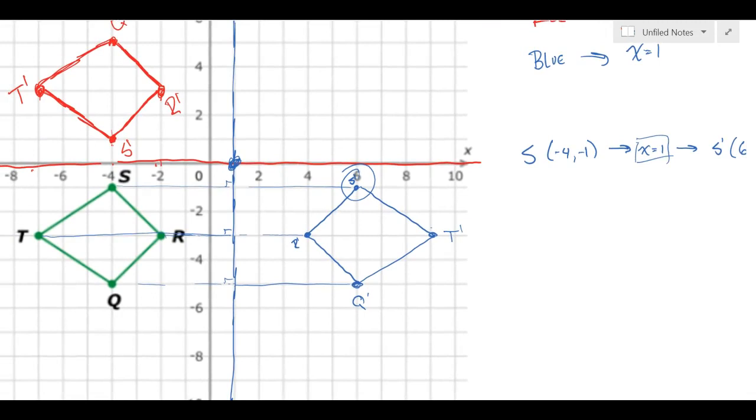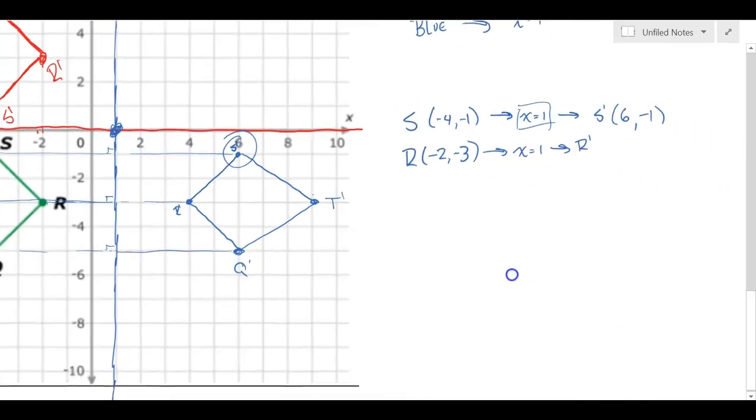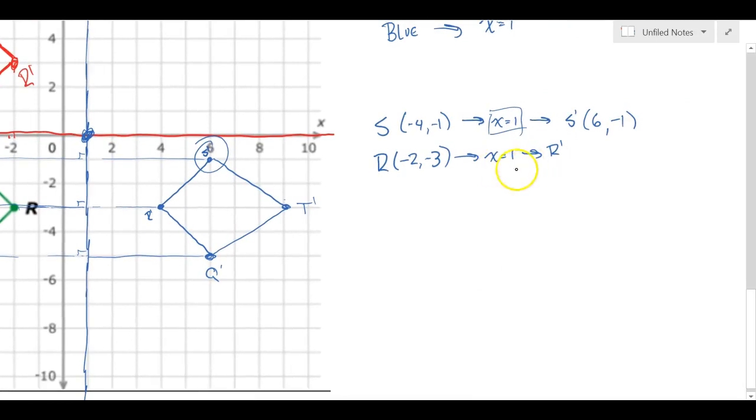Now, we're going to try this with R. R was originally at -2, -3. I'm reflecting across x equals 1 to create R prime. Well, same thing. All I care about here is my x value. So my y value is going to remain -3.